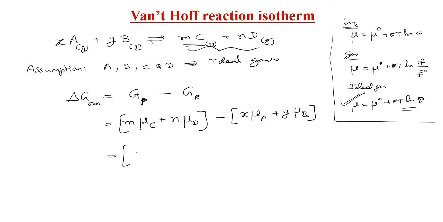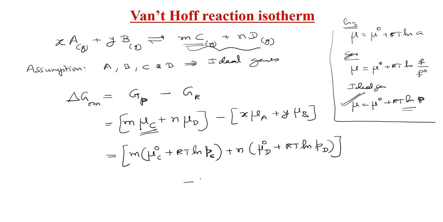So M into chemical potential of compound C in the standard state plus RT ln partial pressure of compound C in the mixture, plus N into chemical potential of compound D in the standard state plus RT ln partial pressure of D. These two are for the product. Now I am going to write for the reactant.